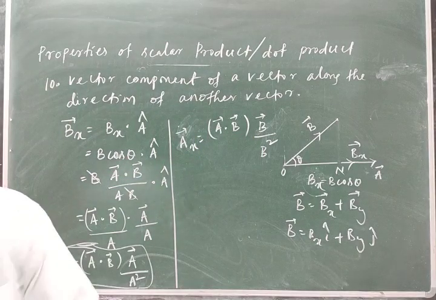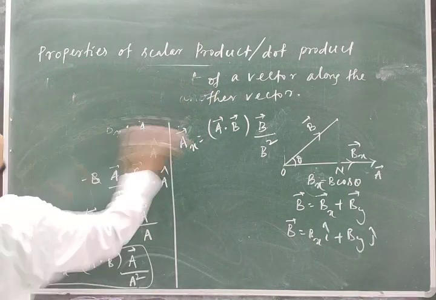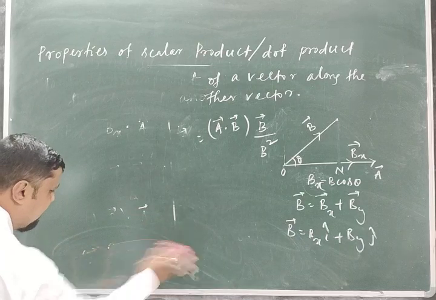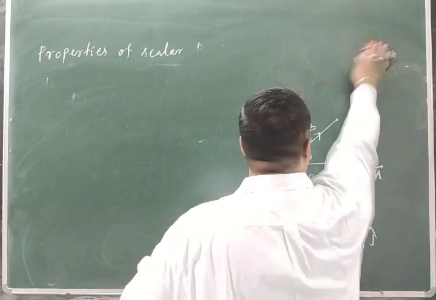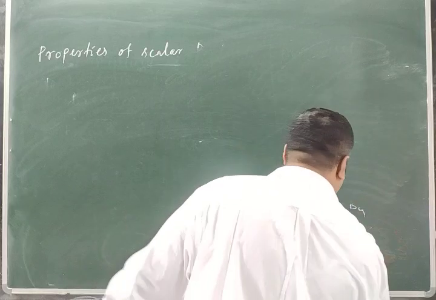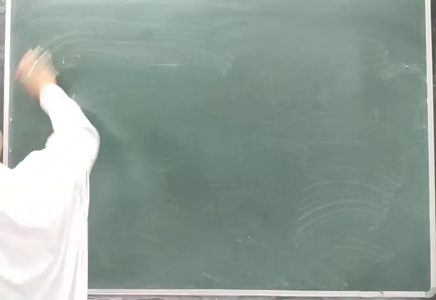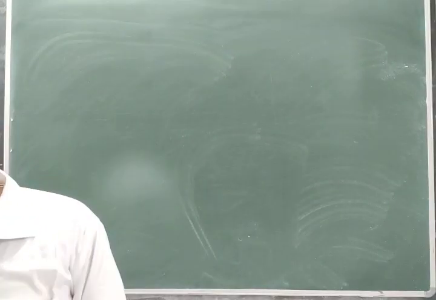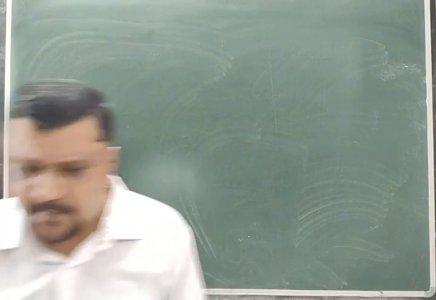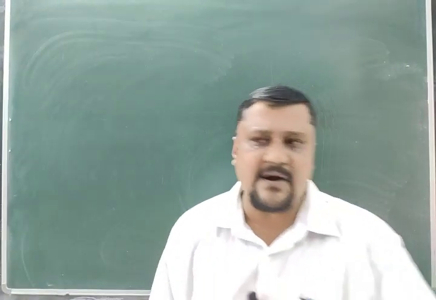So in this whole discussion of the dot product, we came across the different properties of the dot product, or the scalar product. The whole conclusion is that when you do the dot product of vectors, you get the result as a scalar.